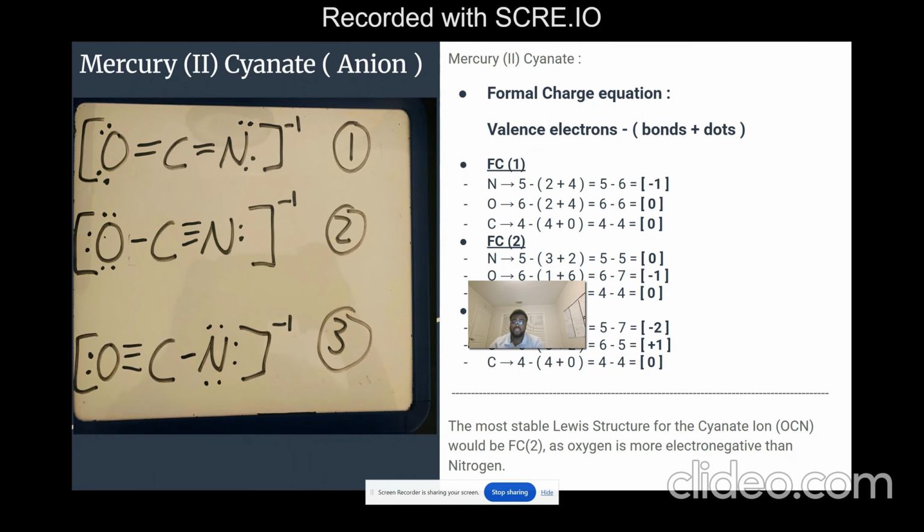So you would still choose, in this case, our second resonance structure for oxygen to be the most stable for cyanate. This is kind of unique in the fact that even though cyanate and fulminate have the exact same atoms, oxygen, carbon, and nitrogen, for some reason they have slightly different resonance structures, which shows why they're different.